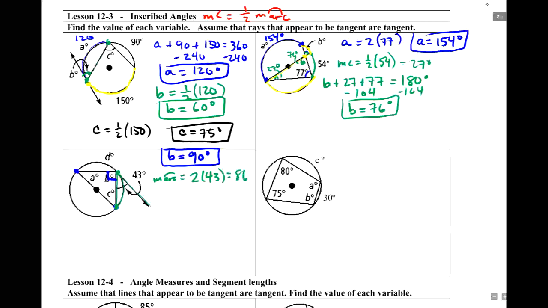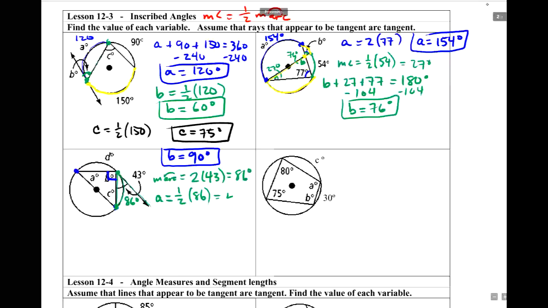So the measure of our arc is 86 degrees. So I can write 86 degrees out here. And then I can find A is going to be 1/2 of that intercepted arc, which is 1/2 of 86 degrees, which is 43 degrees.